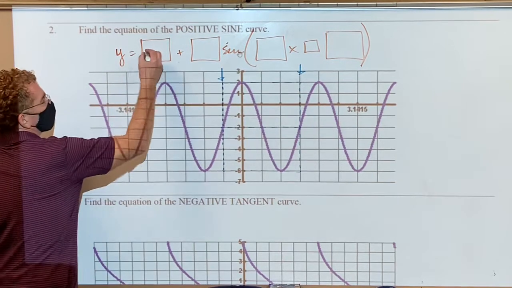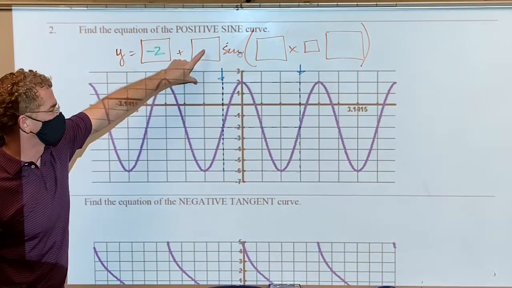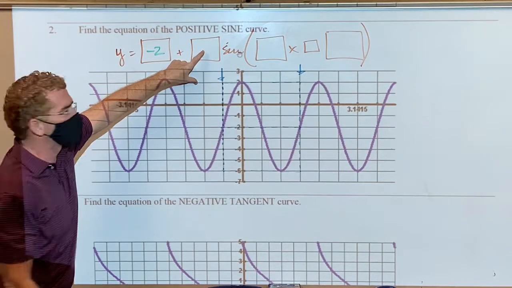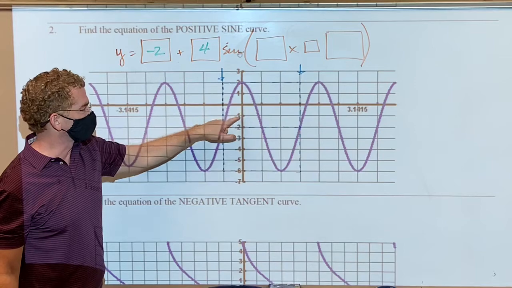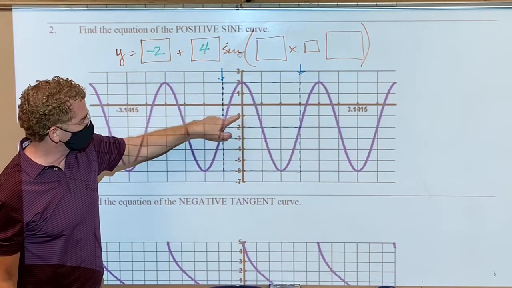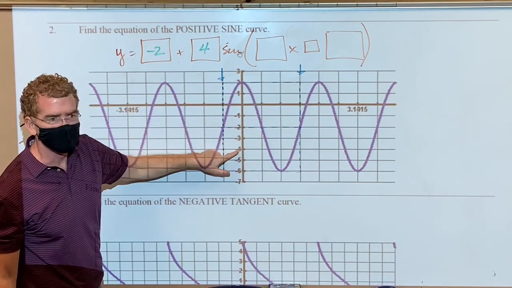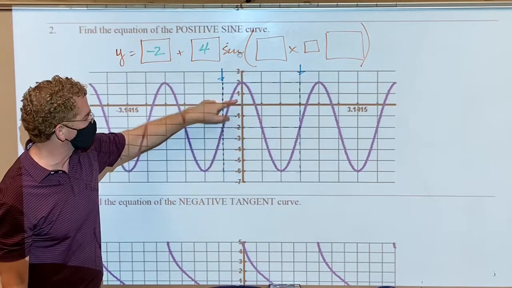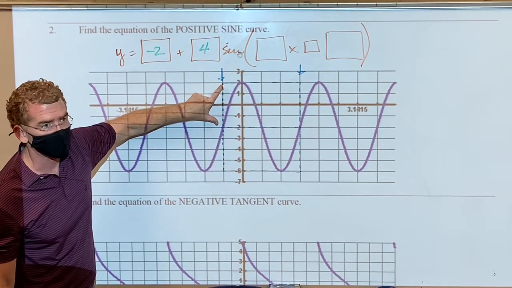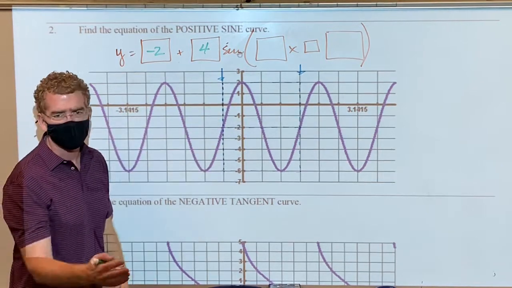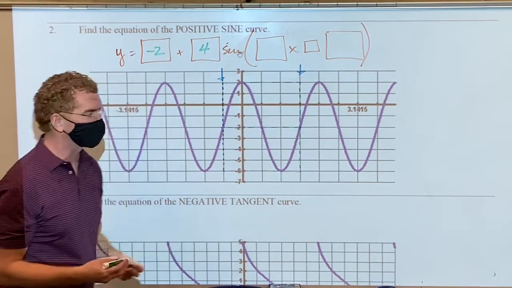Negative 2. 4. Let me caution you also, every now and then, these aren't numbered by ones. It might go 3, 6, 9, 12. So be careful on that. If this is numbered by 3s, that's not 4, right? It'd be 12 up, 12 down. So just be careful. I'm not going to intentionally do that, but I'm just saying sometimes.